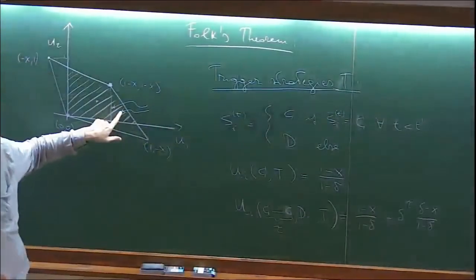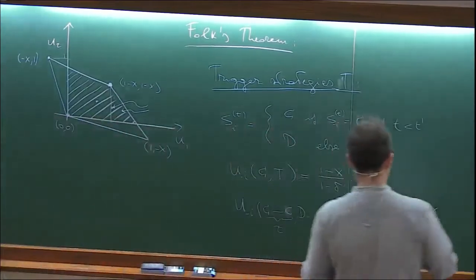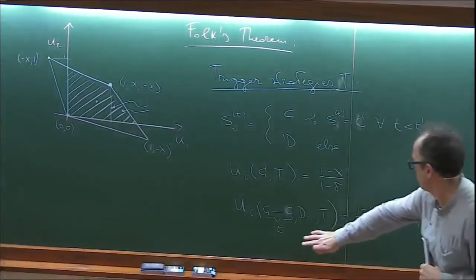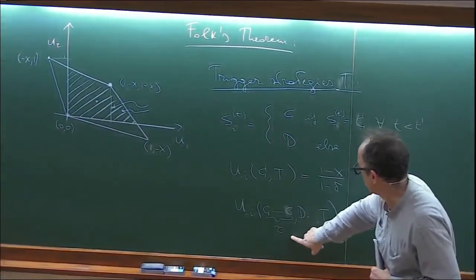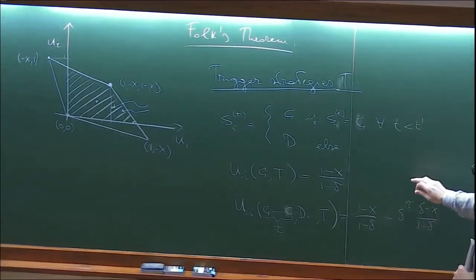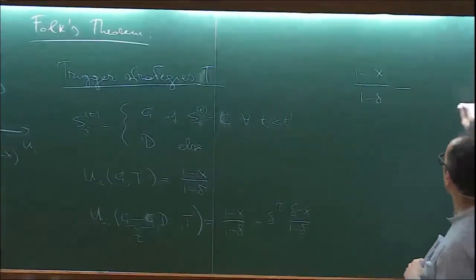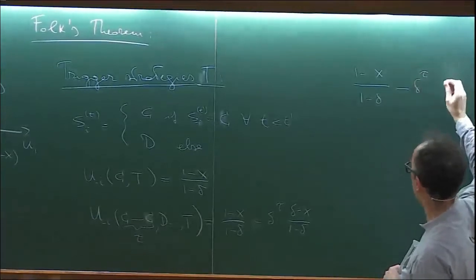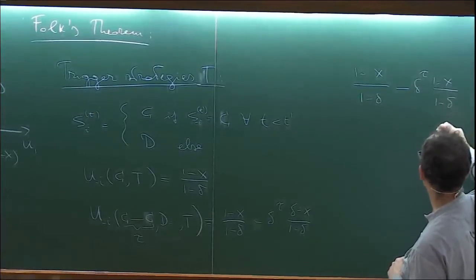So the contract says, for the first point here, that here is delta minus x. If you do the calculation here, essentially from these tau periods you get a payoff of 1 minus x divided by 1 minus delta, minus the continuation of the series, which gives you delta to the tau of 1 minus x divided by 1 minus delta.